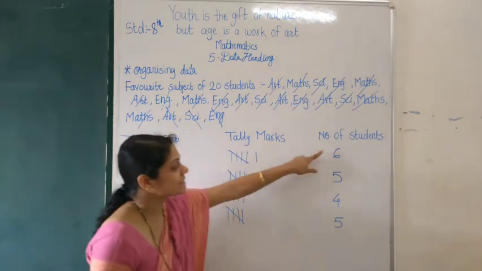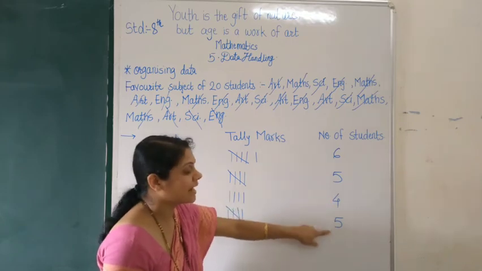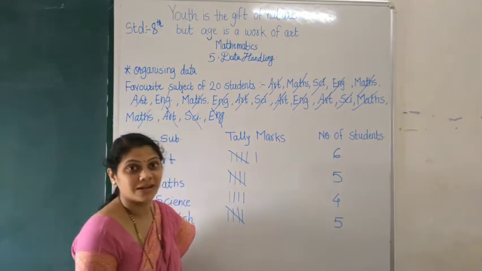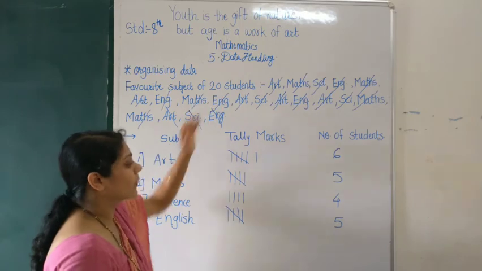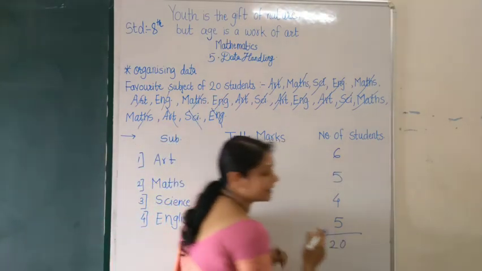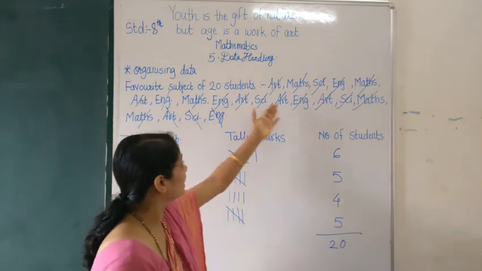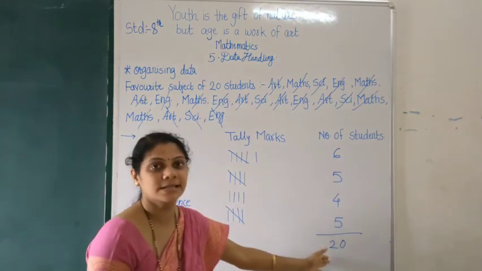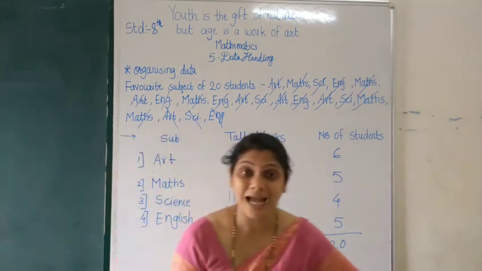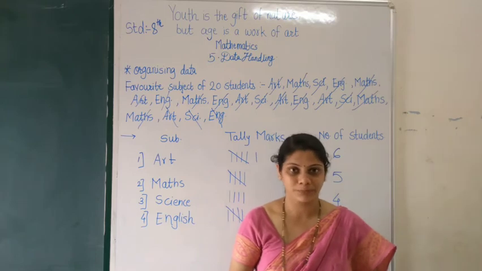So 6 and 5, 11, 11 and 4, 15, 15 and 5, 20. We already have the favorite subjects of 20 students, so the data we organized is correct, because this number of students matches the given information of 20 students. In this way you have to organize data in a proper way.